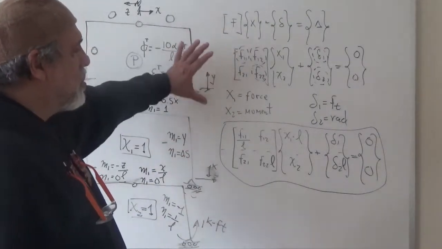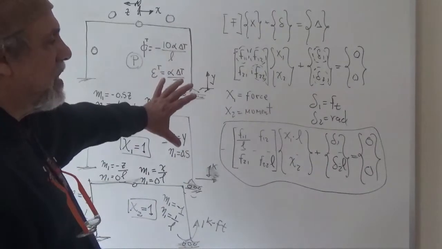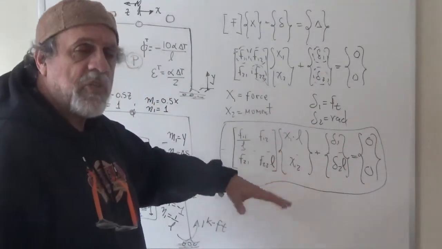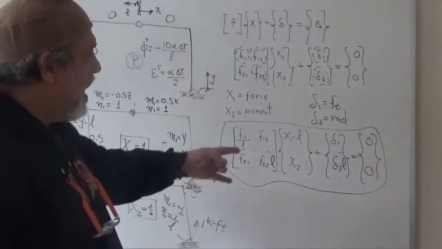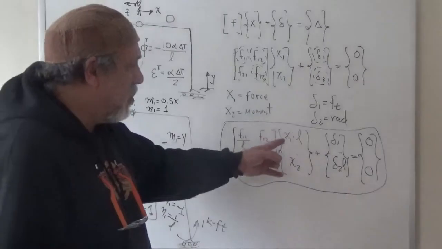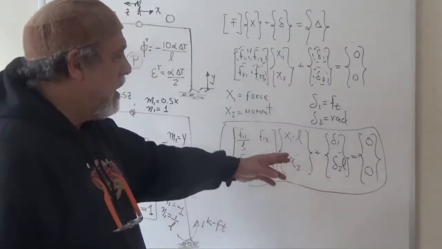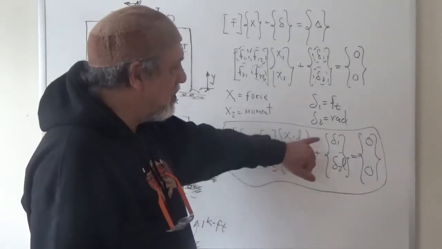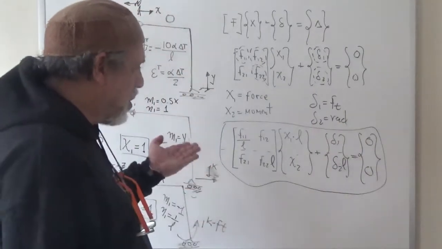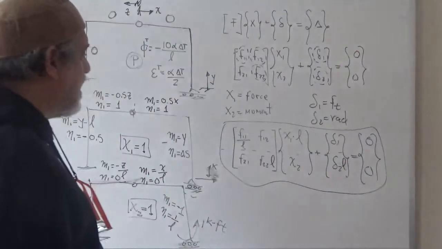Make the equations be consistent in dimensions. So if you have unknowns x1, x2, x3, and some are moments and some are forces, adjust so that they are all of a given kind. Force times distance is a moment. Adjust here so that they're all the same kind. Feet, that was a rotation times L is feet. And just follow the math to see what it is that you need.